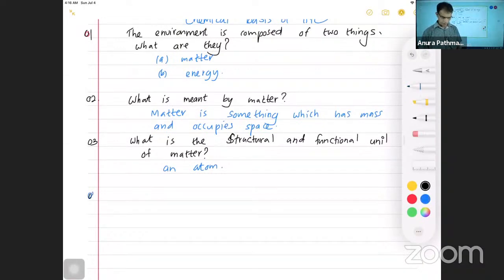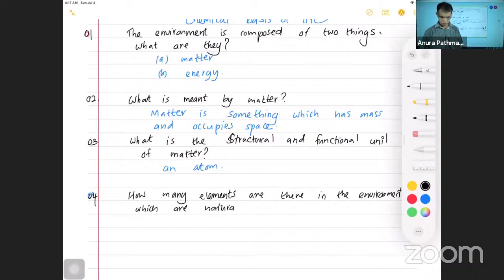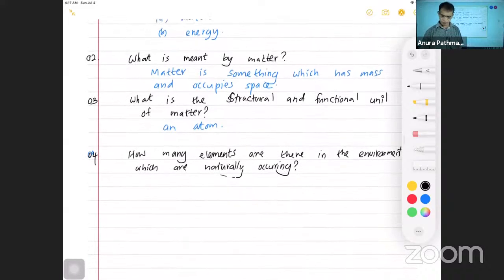Question number 4: how many elements are there in the environment which are naturally occurring? The answer is about 92.